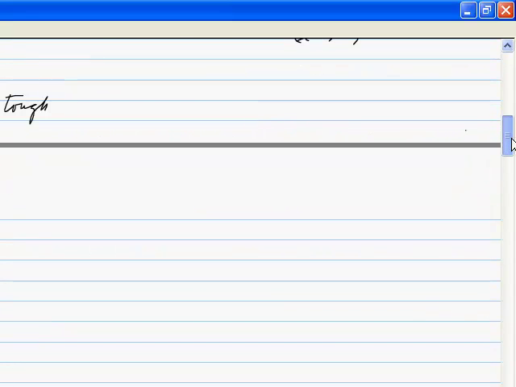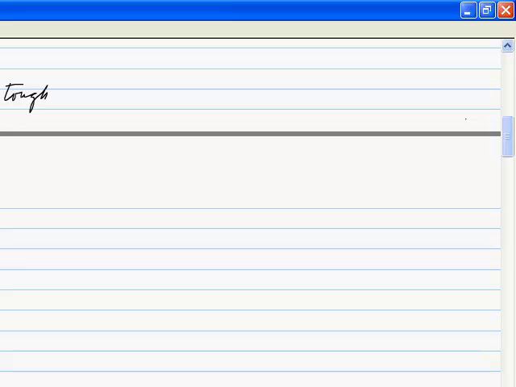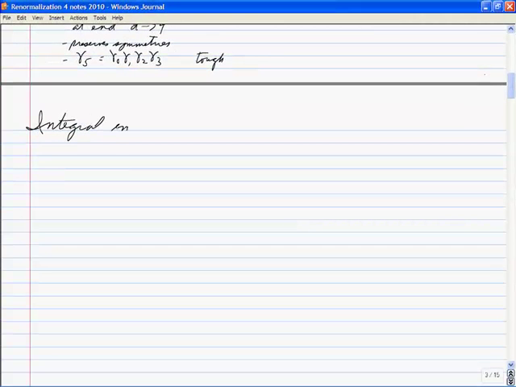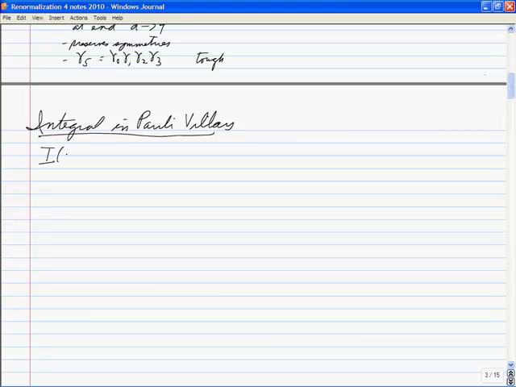Okay, so let's first do an integral in Pauli-Villars. Okay, and so what I'm going to do as my example is I'm going to do the integral that we've been playing with all along here, I of 0, which we subtracted off and everything was finite after we did that.